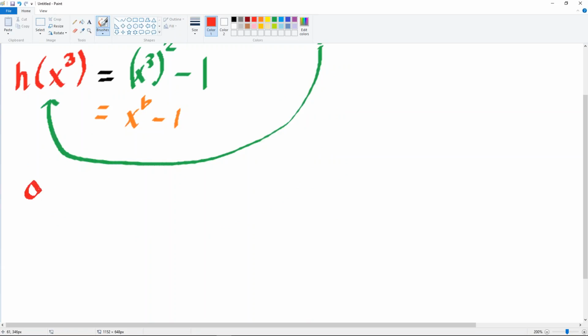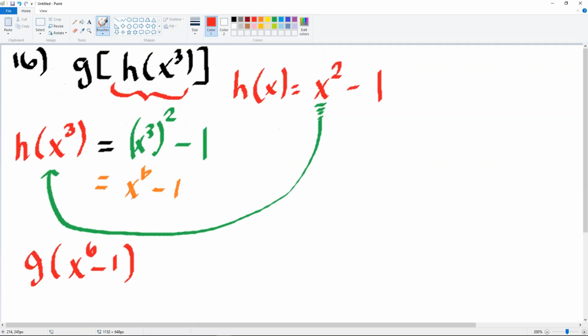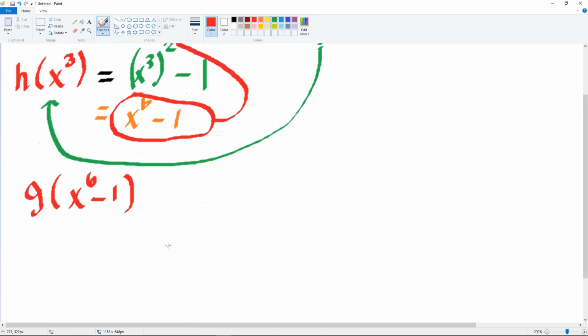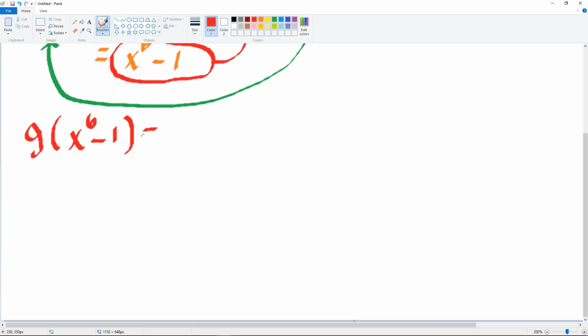So this now becomes g of x to the 6th power minus 1. What happened is I took this and plugged it in there. Now I have to go to my g function, and everywhere I see an x, I'm going to plug in x to the 6th minus 1. So here's my g function.